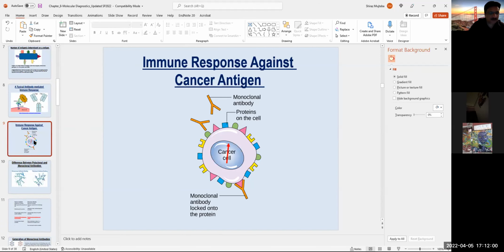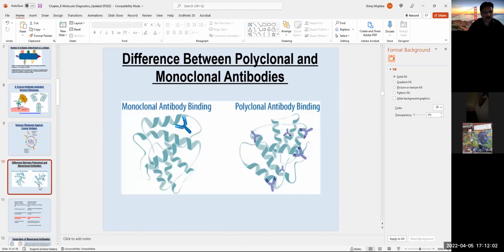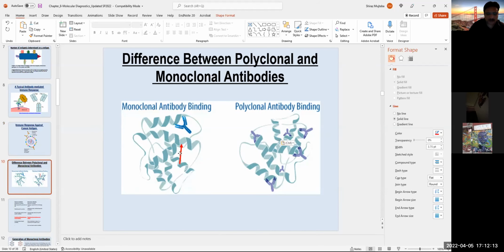And then there are 2 kinds of antibodies, polyclonal and monoclonal. They both are good, depending on the need, right? Monoclonal antibody could be good for killing cancer cells, because a monoclonal antibody will bind to only one site.